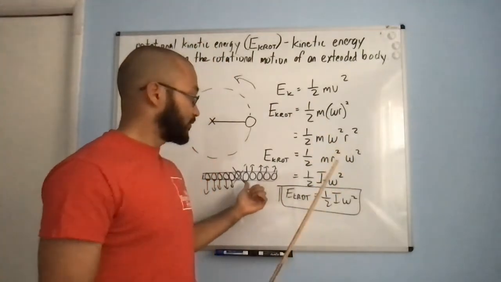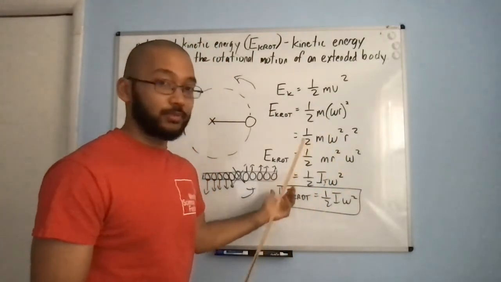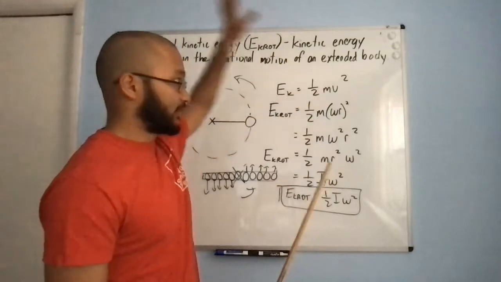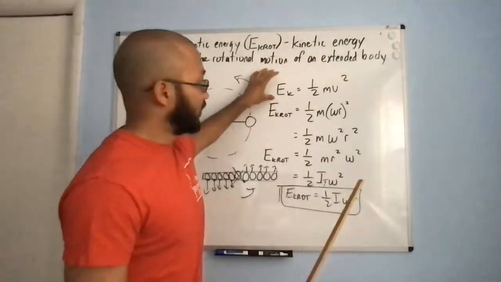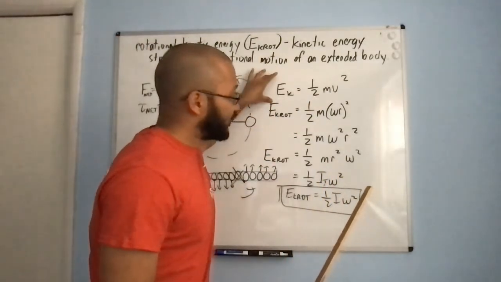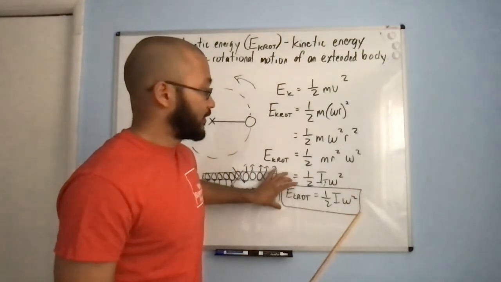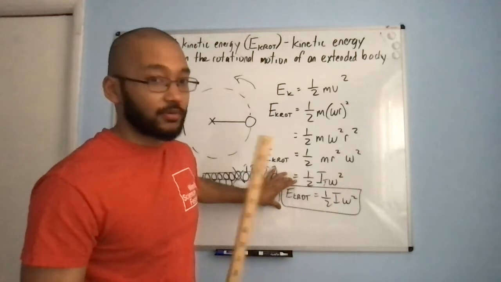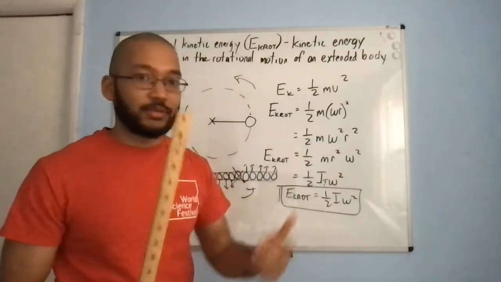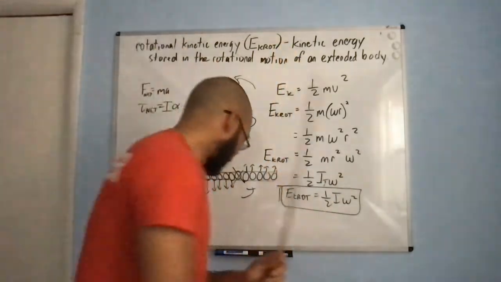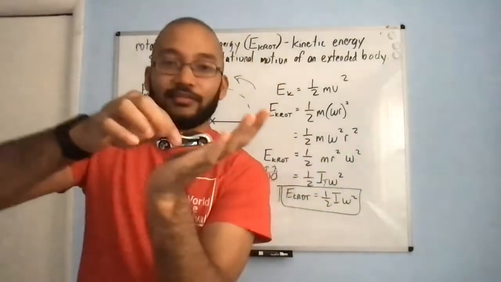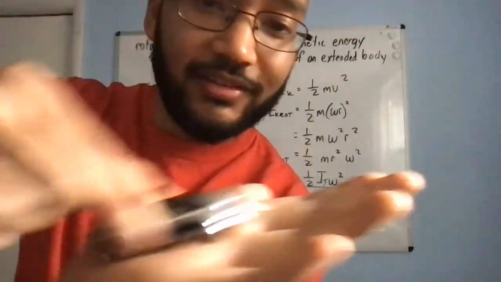Ultimately, it's related to the kinetic energy of each individual point mass. But when you're looking at the overall motion of the mass, you want to think of the kinetic energy associated with the motion of the center of mass and the kinetic energy stored due to the rotation of all those point masses. More concrete example: check out my awesome Hot Wheels car.